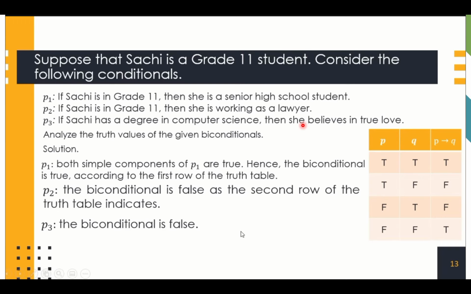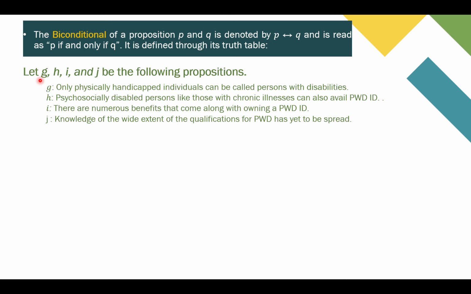Alright. So, I will be showing you how to write the symbols or the English sentences when the propositions are biconditional. Let G, H, I, and J be the following propositions. G. Only physically handicapped individuals can be called persons with disabilities.